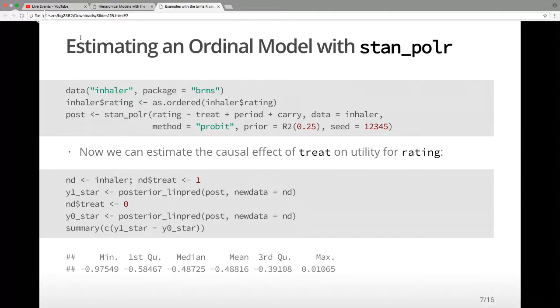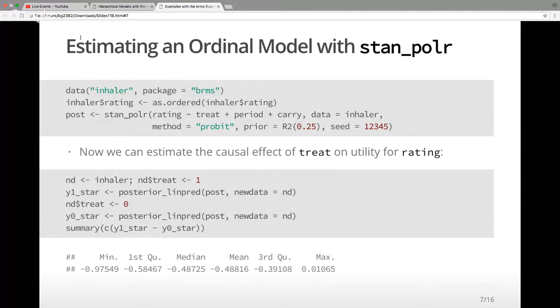I shouldn't have said probability. Here I'm actually getting the posterior distribution of utility rather than converting it into probabilities. But the idea is still the same. What's the utility if you're treated? How well do you rate your inhaler? What is the utility if you're in the control group? How well do you rate your inhaler? And then you can get the posterior distribution of each of those things, subtract one from the other, and summarize the difference.